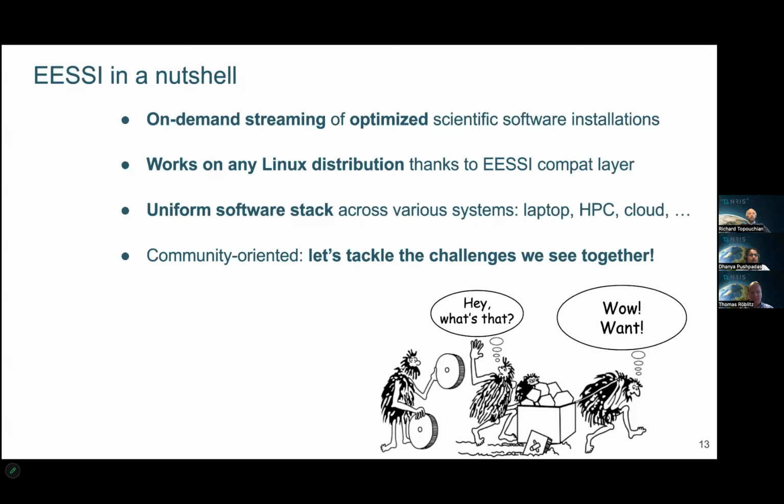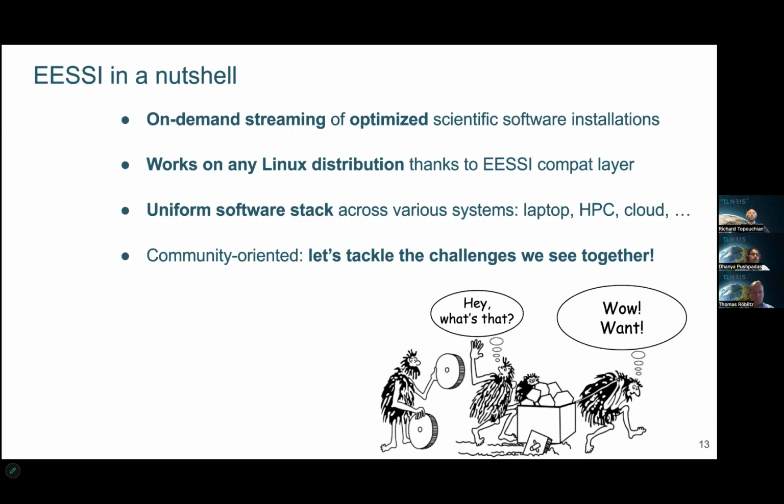So EESSI in a nutshell is an on-demand streaming of optimized scientific software installations. And we say streaming because the software that you are asking for will be available through the proxy or through the Stratum 1 server, as we have mentioned.